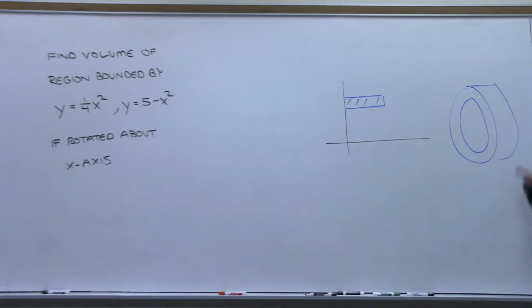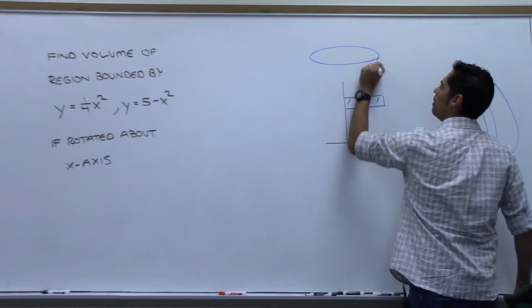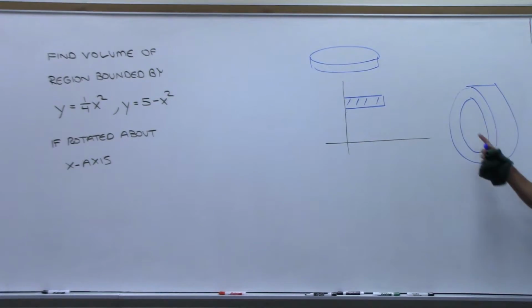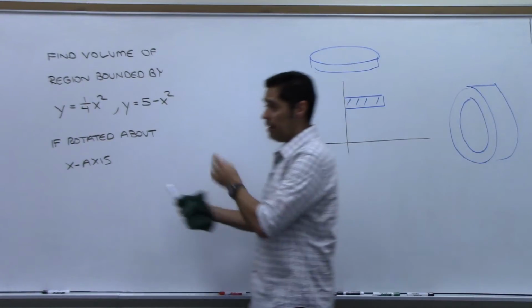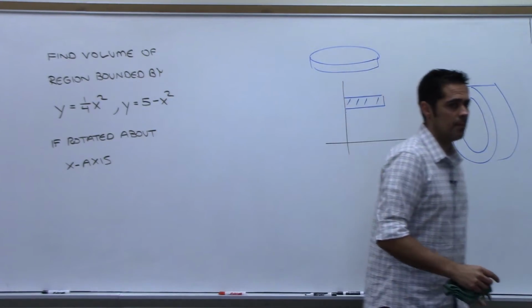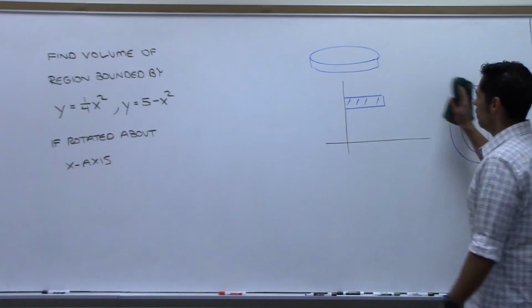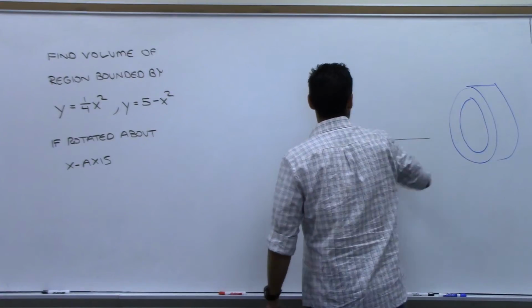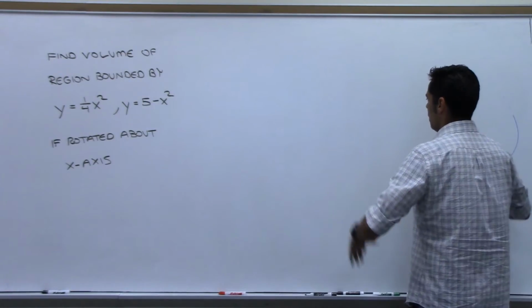And it would have some volume to it. What if I said wrap it around the y-axis? It would give you this, right? Totally different pictures, totally different volumes. So when we're told here x-axis, we need to pay attention to it, right? Got it? Sometimes they're the same volume, but in general they're not.